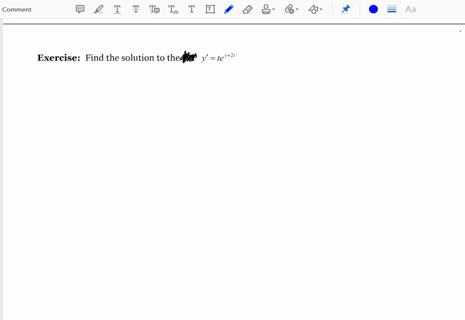Again, here, I think it's going to be important for us to recognize that this is separable. It might not look like it with the y plus 2t as your exponent, but we can separate this with a little bit of algebra. So let's rewrite this as y prime.